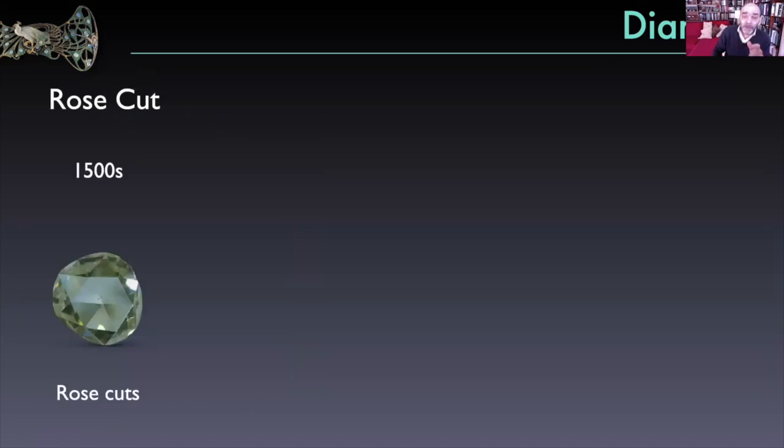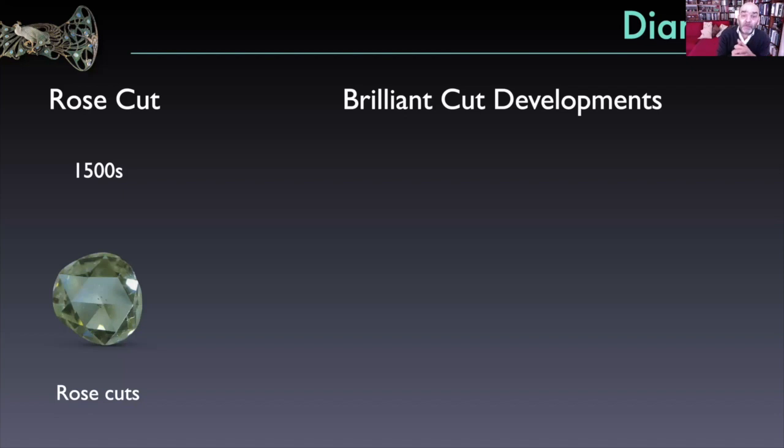But in his days, he didn't have that many available cuts. Now we have a lot of diamond cuts, but not at the time. There were rose cuts. They were popular. They were already made in the 15th century, but popular in the 16th century. But he used a lot of brilliant cuts.